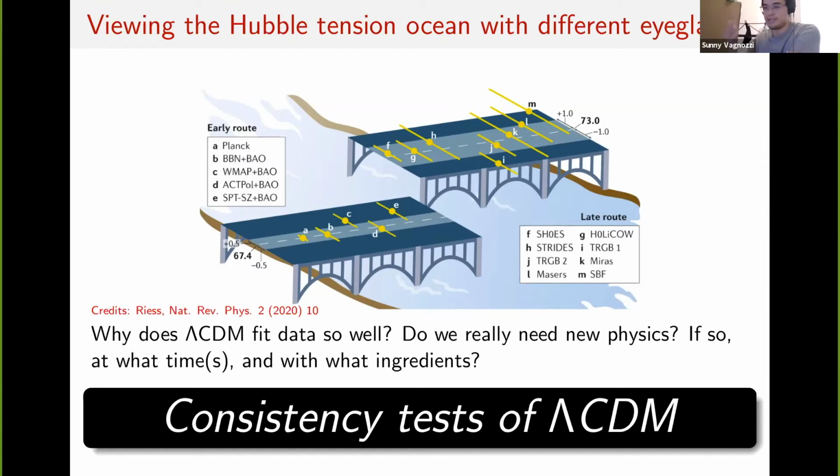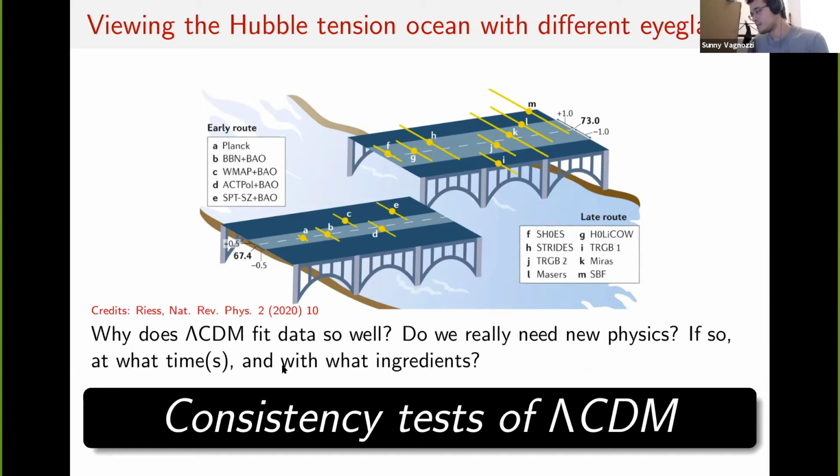The question I want to ask is, if we forget the Hubble tension, we must not forget that lambda CDM fits the data really well. So do we actually need new physics? This is the point of view people like George Efstathiou have been advocating. And it's really important, I think, to understand why lambda CDM fits the data so well, because that can tell us where we need new physics, if any.